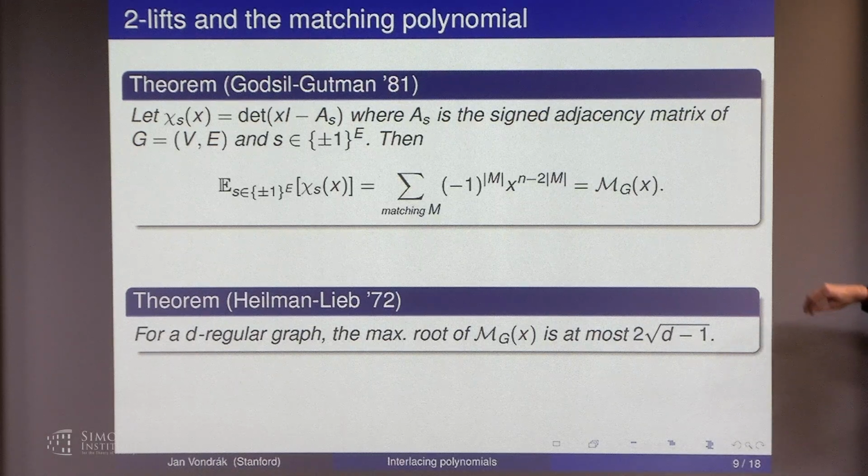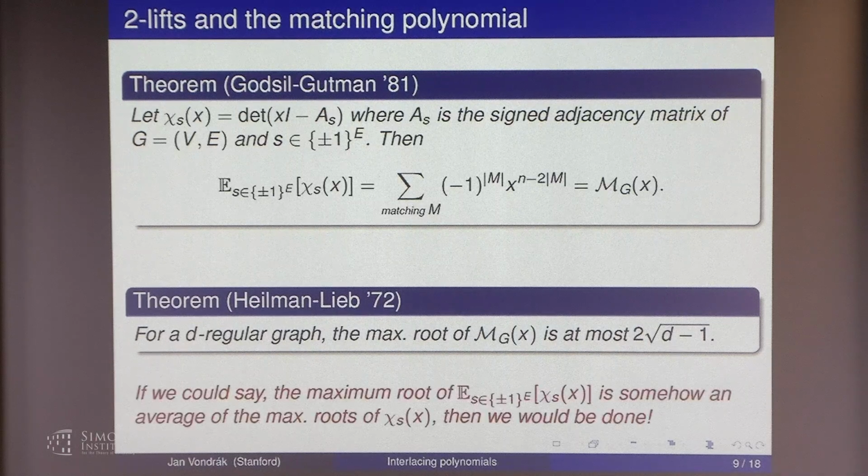And this says that the expected characteristic polynomial has roots bounded by the bound that we want, exactly the expression that we want. So I wonder what Nikhil et al. were thinking when they saw this, but it's like this must work, right? But something doesn't add up. So what doesn't add up?